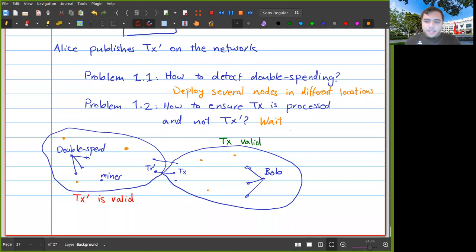So he waits until one of the transactions gets on the blockchain. And when one of the transactions gets on the blockchain, then he can just check, was it the right transaction? Was it the transaction that paid me, or was it the double spend transaction? If it was the transaction that actually paid Bob, then Bob can give the bag of chips to Alice. Okay?